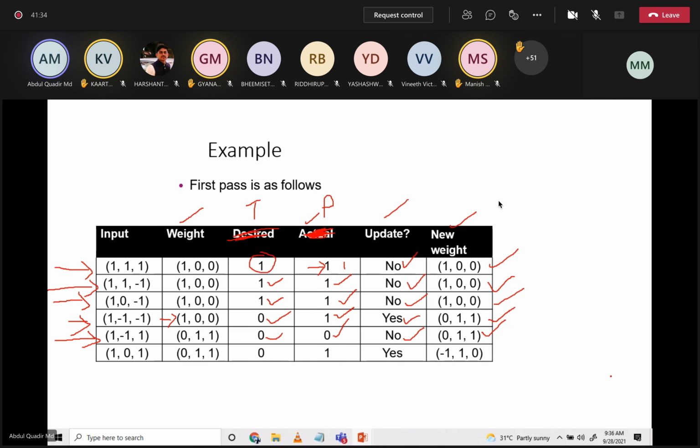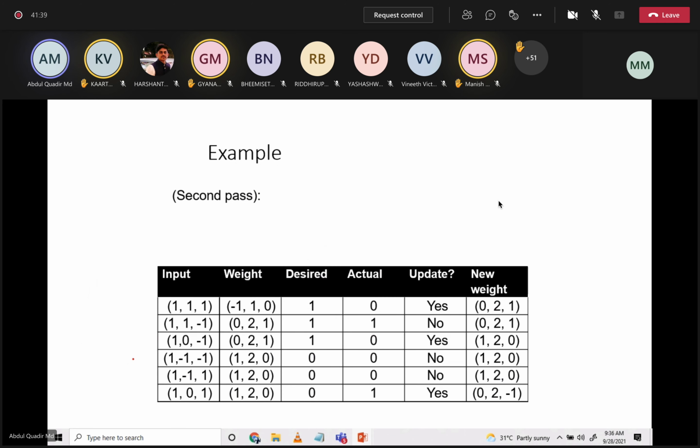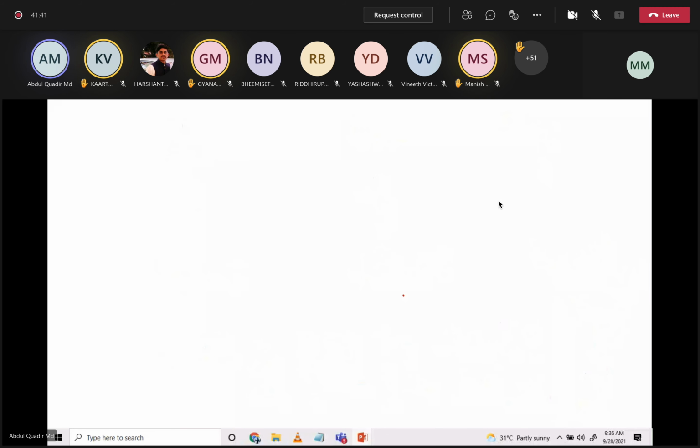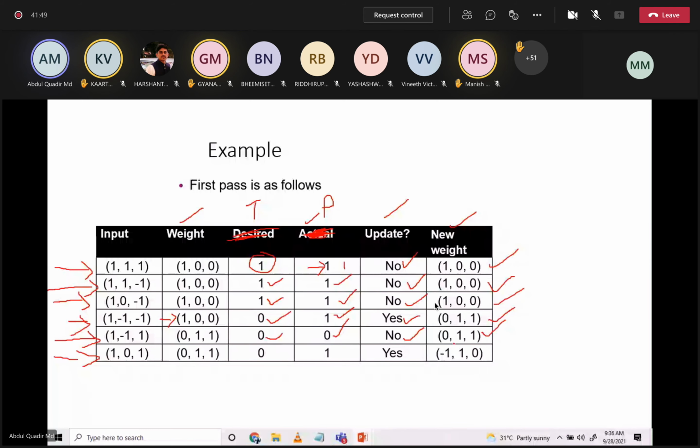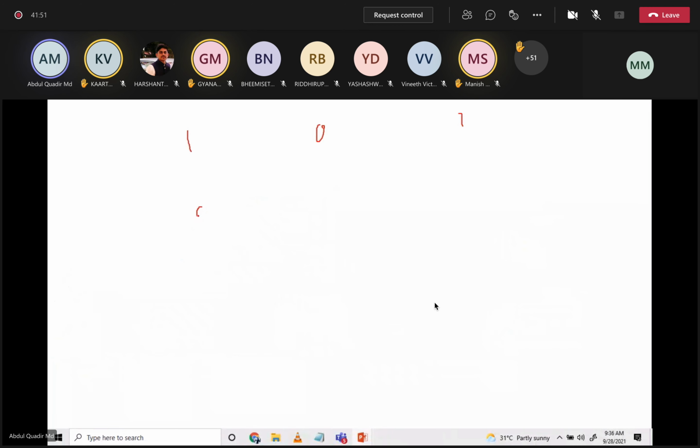Now we'll go to this particular input, 1 0 1. And what is the latest weight we have calculated? 0 1 1. This is x1, x2, x3 and this is w1, w2, w3.